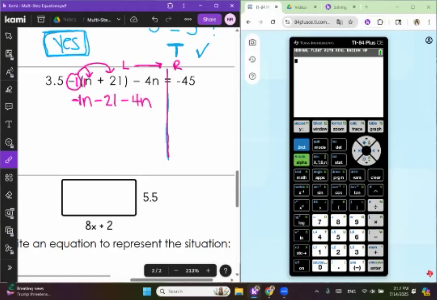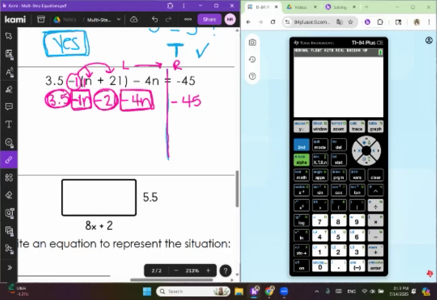Bring everything else down. Be careful with your multiplication rules. All right, now we have 1, 2, 3, 4 terms on the left side. That means something must be combined. Circles and boxes. Box, circle, box.